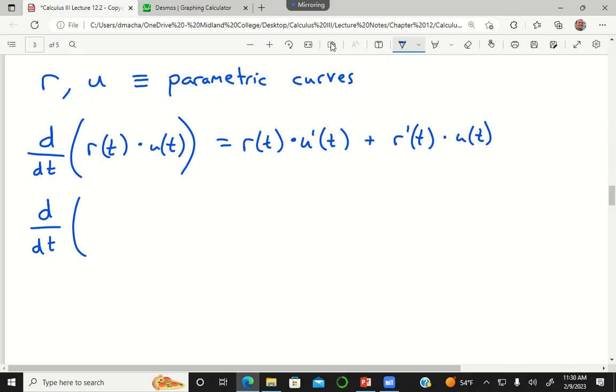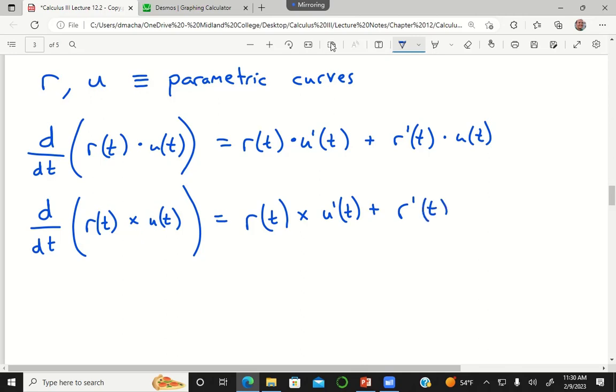But if you take the derivative of this, which is the cross product between these vector valued functions, you also get this, where all of those are cross products.